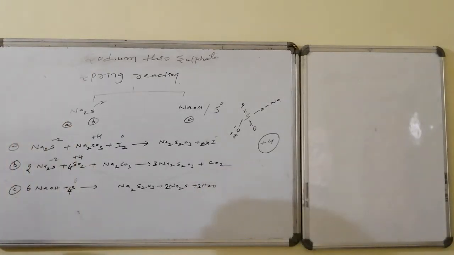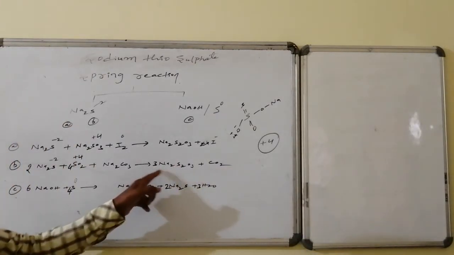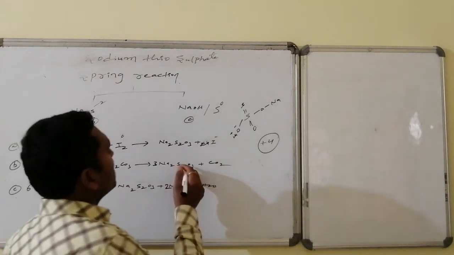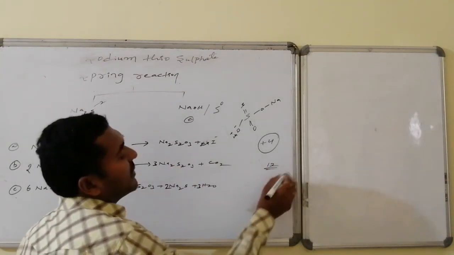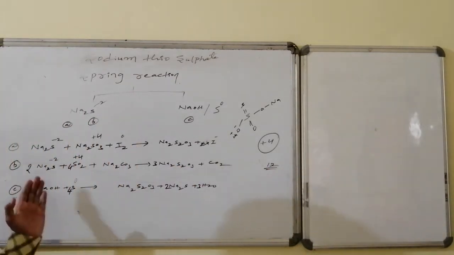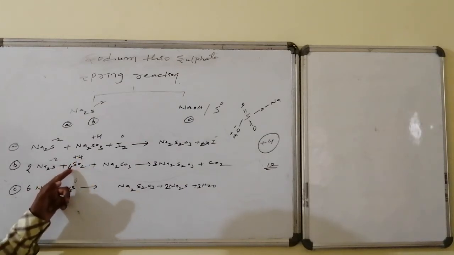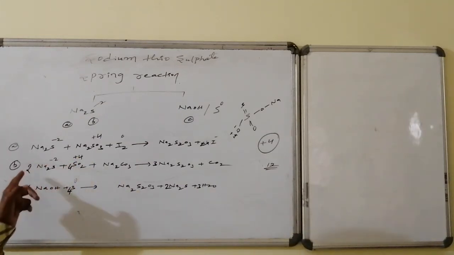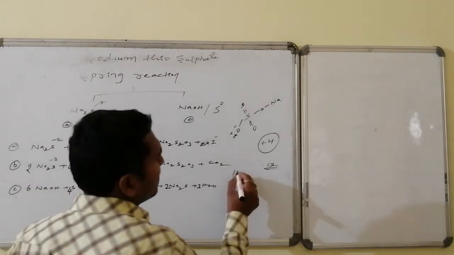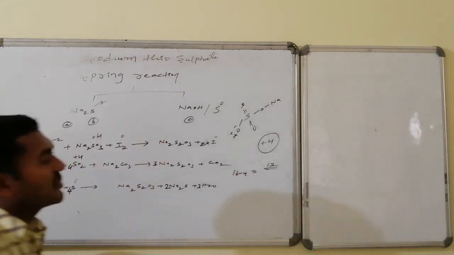Whereas in the second case, here the total number of sulfurs is 6 sulfurs, 6 into 2, that is 12, plus 12 we are expecting. There is no other oxidizing agent or reducing agent, only the sulfurs in between them undergo adjustment. So therefore here 4 4s are 16 minus 2 2s are 4, 16 minus 4 once again becomes equal to 12.